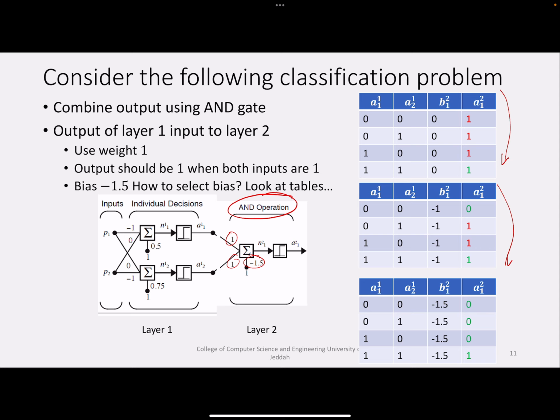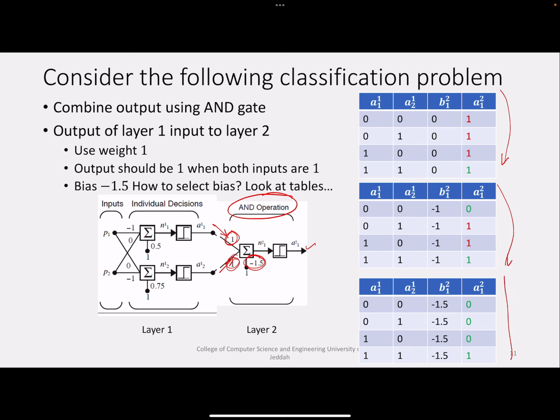What we want is for the output from this second layer, A12, to be 1 when both inputs happen to be 1. And if you experiment with it a little bit, play with different values of weights and bias, what you'll discover is that weight 1, 1, and bias value -1.5 will do the job.